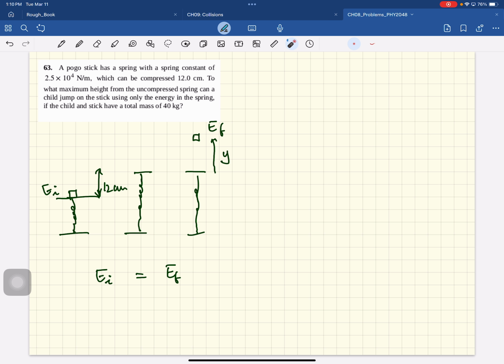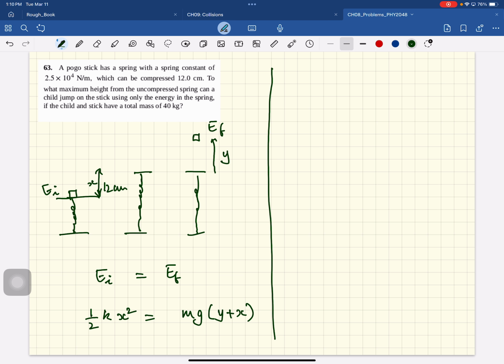So the spring potential energy, 1/2 k x square, got converted to gravitational potential energy, mg times y plus x. Everybody understand that?